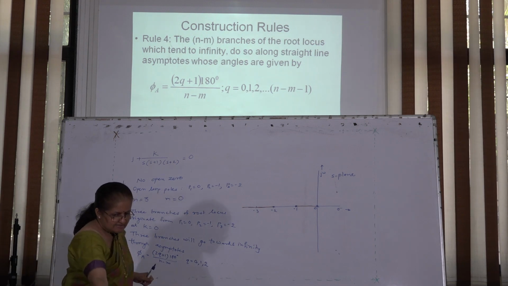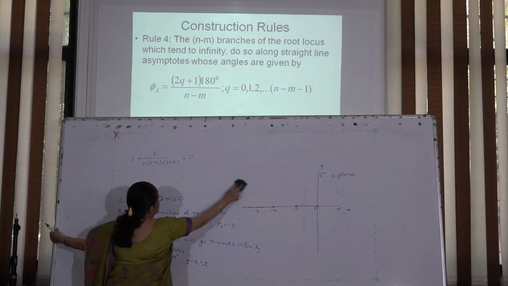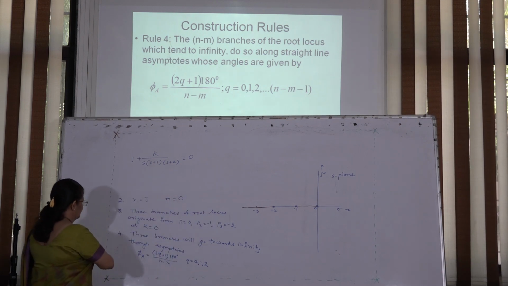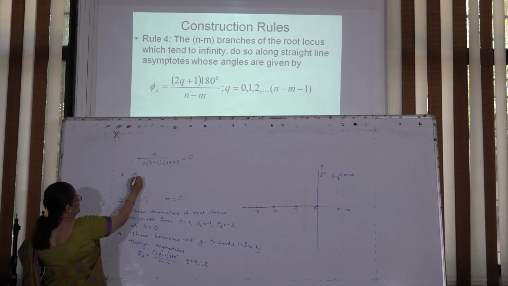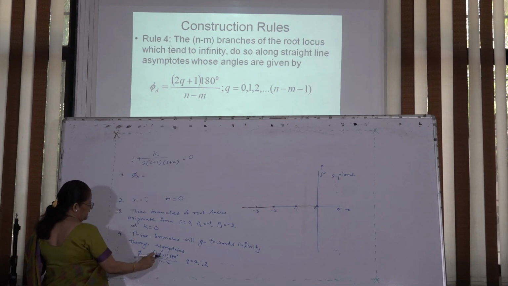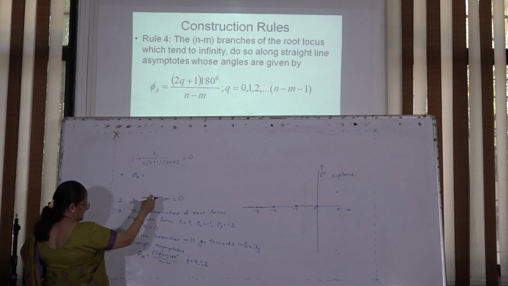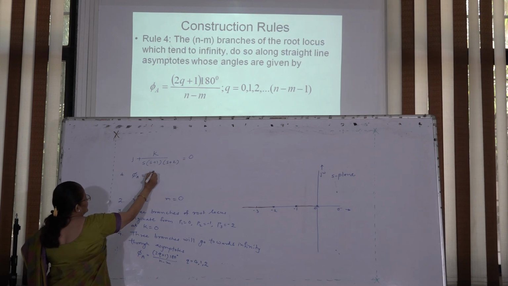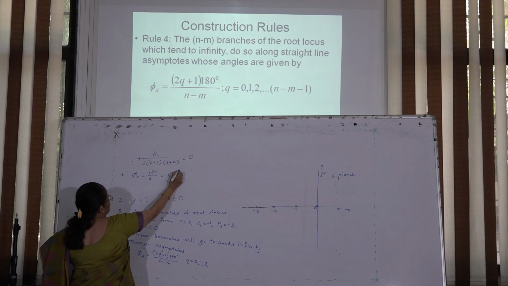So, what is the first angle we will get? So, in step 4, we are considering first phi a, q is 0. So, what is the value you will get? 180 upon 3, that is equal to 60 degrees.